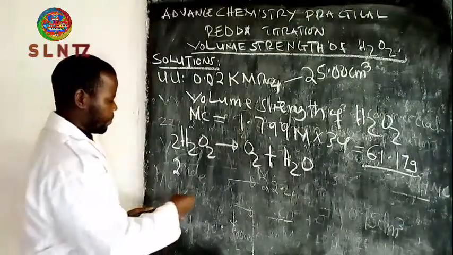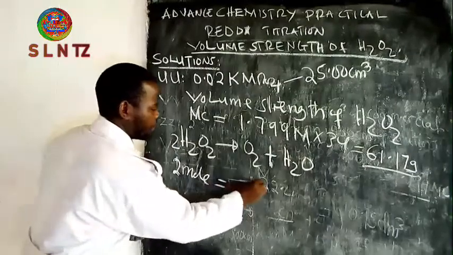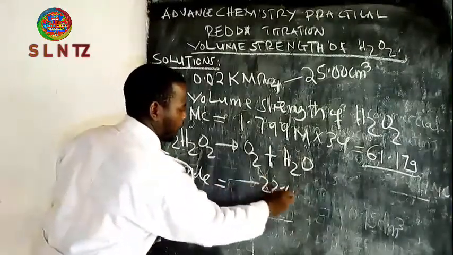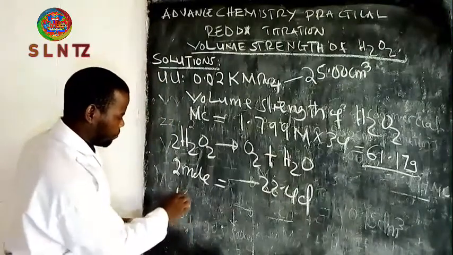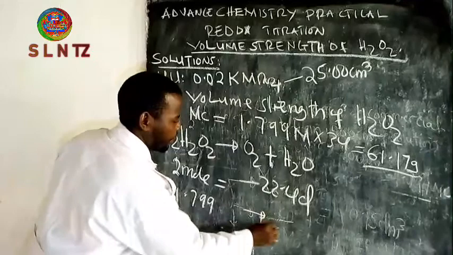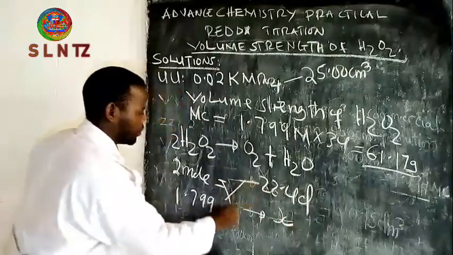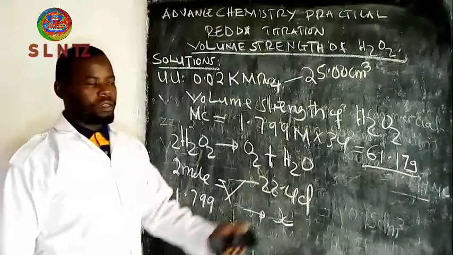It means it was 2 moles. It will react with this one. And here there is 1.79, which was X. It means this one and this one divided by 2 moles. Thus we have got 20.